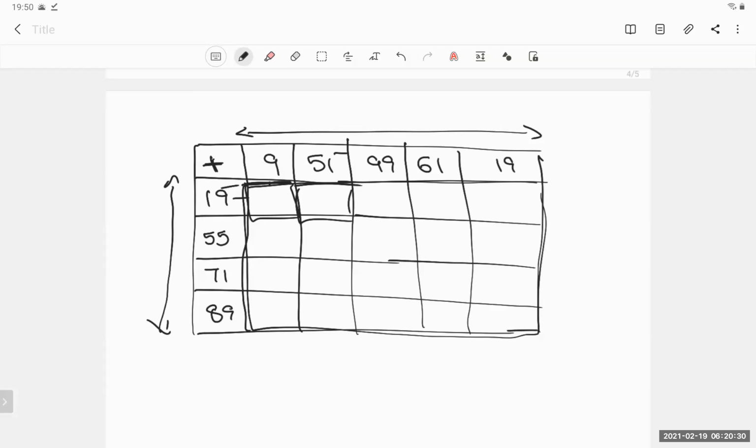Are you ready with the grid, everybody? Yes, sir. Let's start. I will also start solving parallelly, okay? But please don't look at my answers.